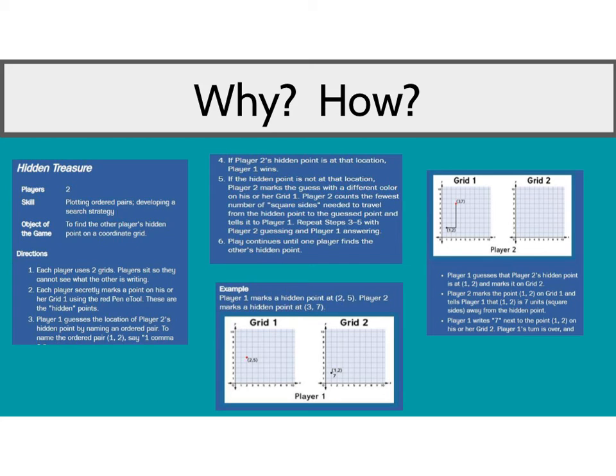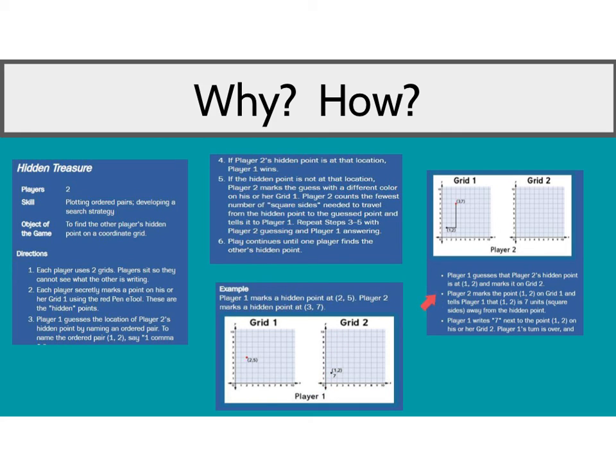So then we take a look at this part where player 1 guesses that player 2's hidden point is at 1, 2 and marks it on grid 2. So notice that is here. This is the grid 2 where they've marked it.